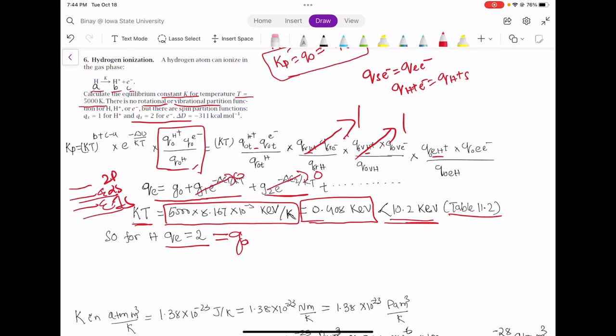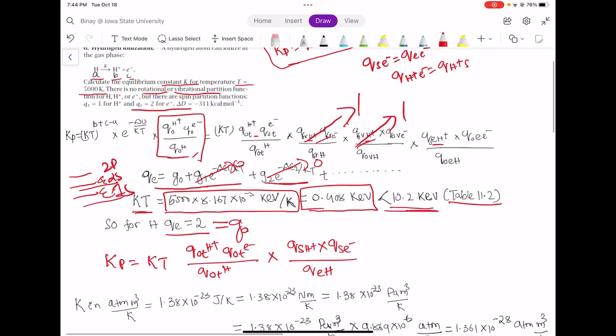Now what will our equation look like? Our Kp would be equal to kT, and these terms already got 1, so I'll just write Q naught translational of hydrogen ion, Q naught translational of electron, divided by Q naught translational of hydrogen, times Q electronic, so Q spin of hydrogen ion times Q spin of electron, divided by the electronic partition function of H. All these things are done.